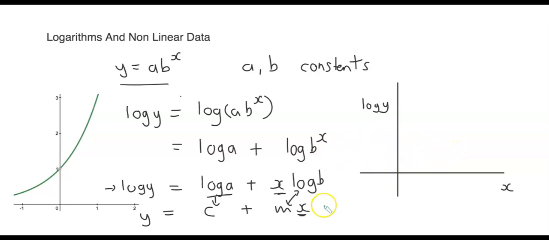So if we were to draw this out roughly, again it'd be a straight line, and again it would cut over here at log of a, and now the gradient is going to be log of b. So that would be how we would convert y is equal to abx into a linear form. So again, it cuts at log of a on the y-axis, but now the gradient is going to be log of b.